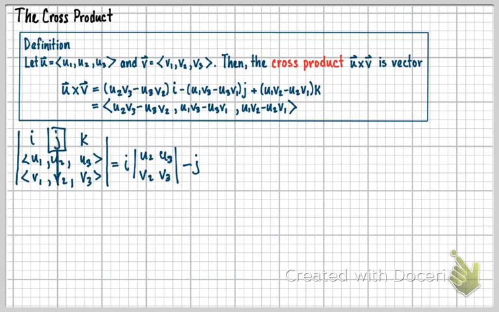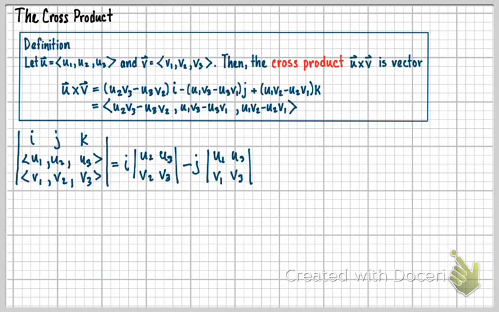So my matrix is going to be composed of these four entries. Let's see how that works. I got my J there already. So now I'm going to have U1, U3, V1, V3.